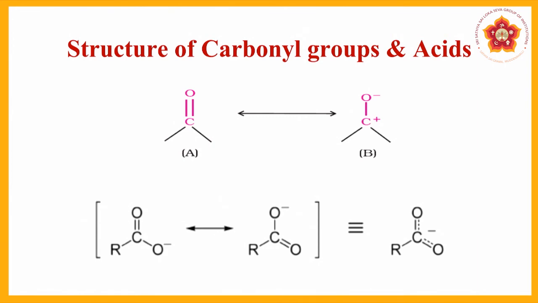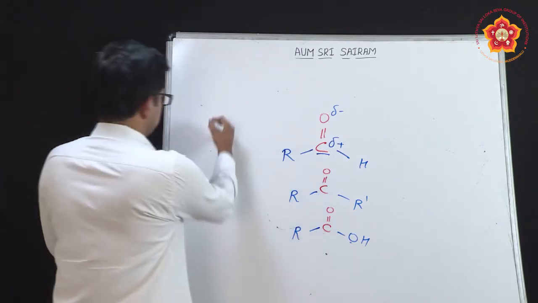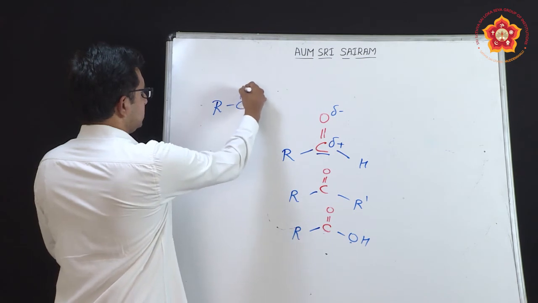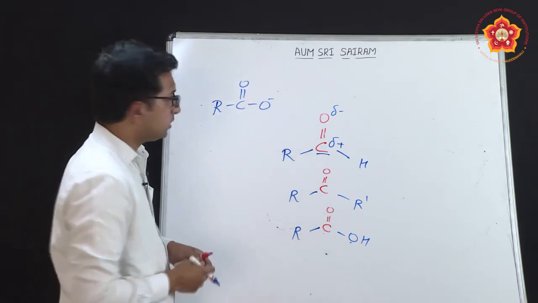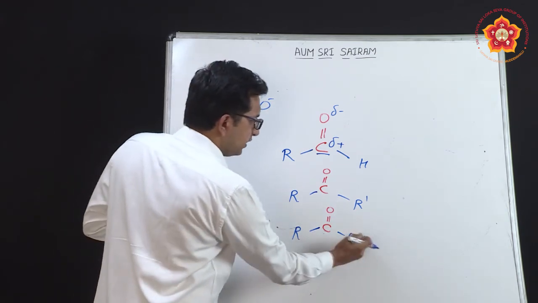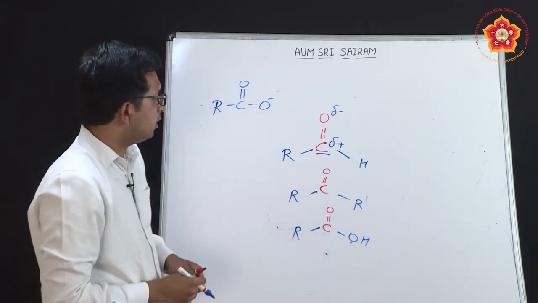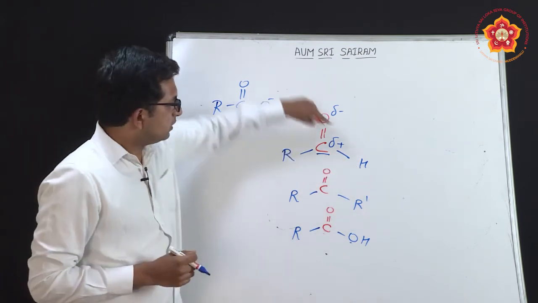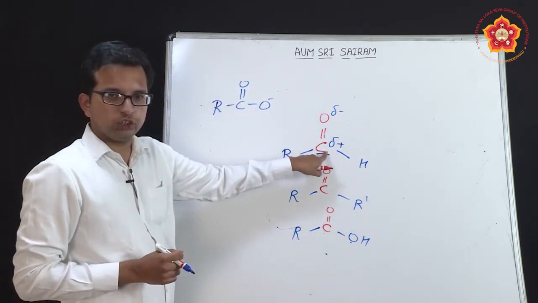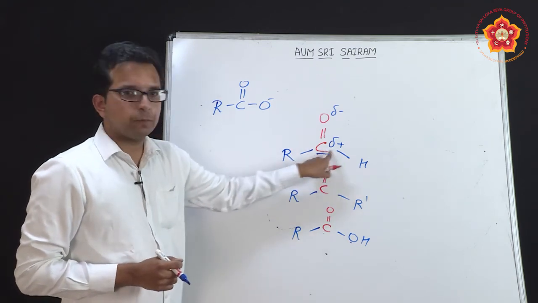So what has happened to these carboxylic acid structures now? These carboxylic acid structures tend to show the separation of charges, because since these are acidic in nature, this RCOOH very easily can give out H plus. Giving out H plus here is difficult. Reason being, this is negative, this is positive. Can a positive stay with a positive?